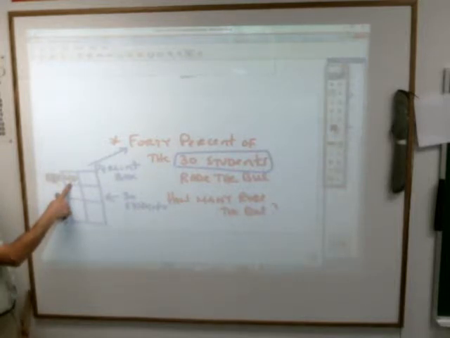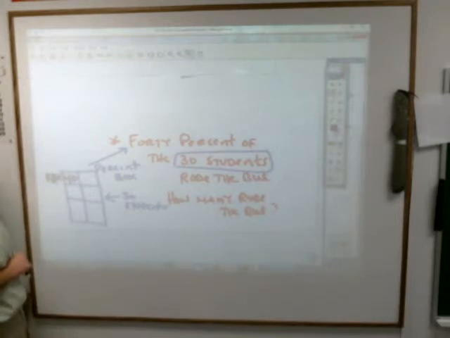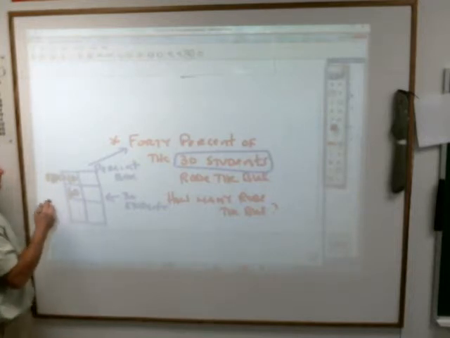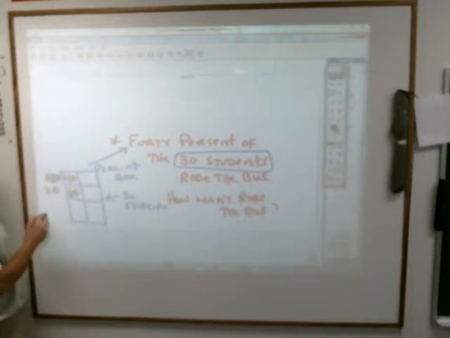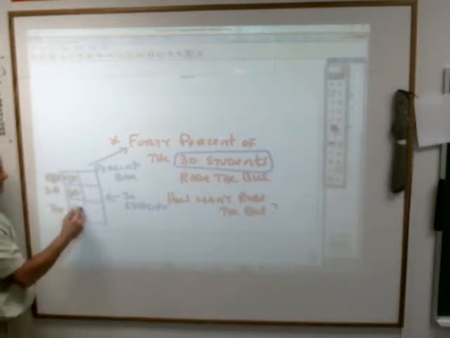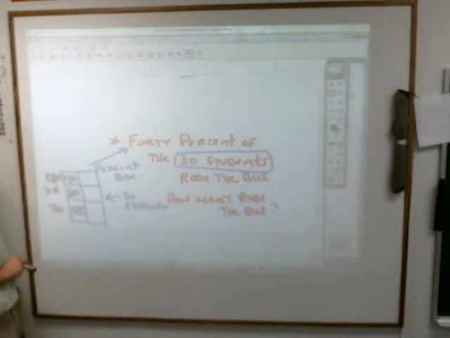If 40% of them ride the bus, I can make a couple little deductions there. Calvin? Right, 60% do not ride the bus. And that is a total of 100%. Okay, you either ride the bus or you don't ride the bus. There's no halfway there.